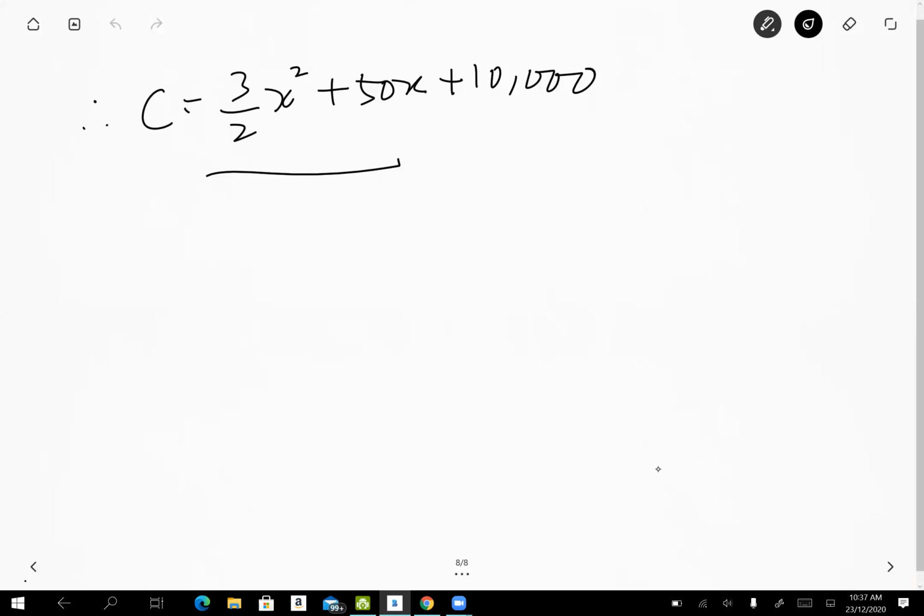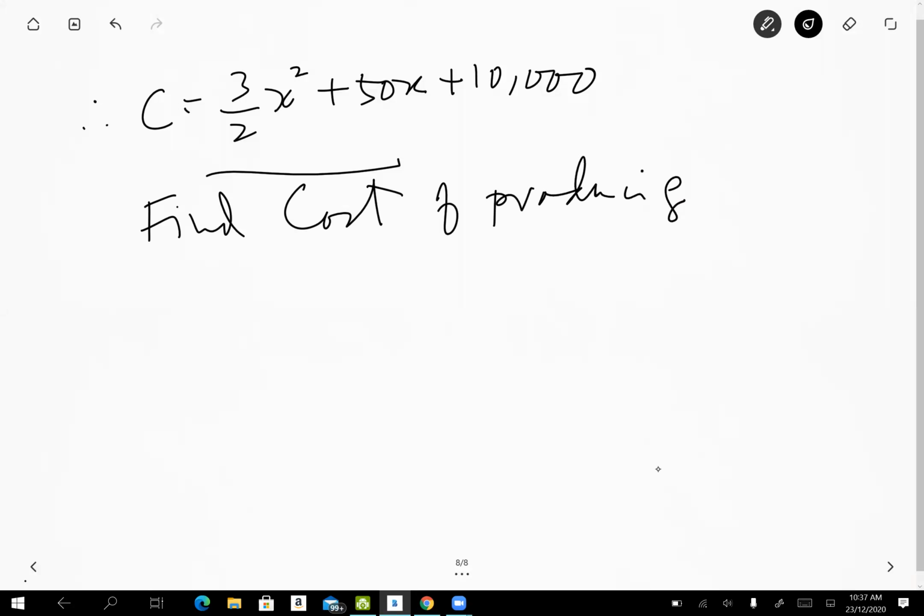So now, let's say I want to find the cost of producing 550 units of output. So what do we do? How can I find the cost of producing 550 units of output?